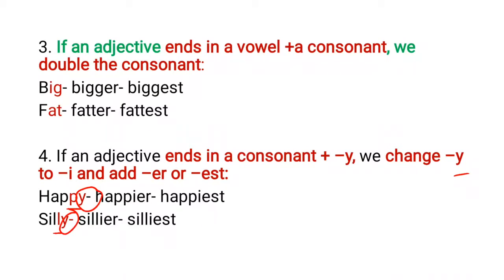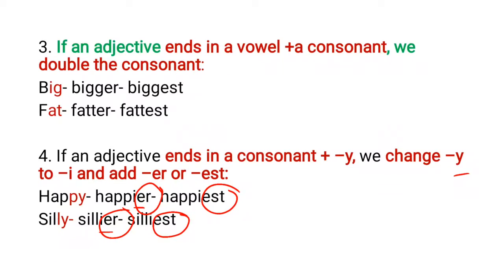So, according to the rule, we will be changing our y into i and we will add er or est to make their comparative and superlative forms. Happy, happier, happiest. Silly, sillier, silliest.